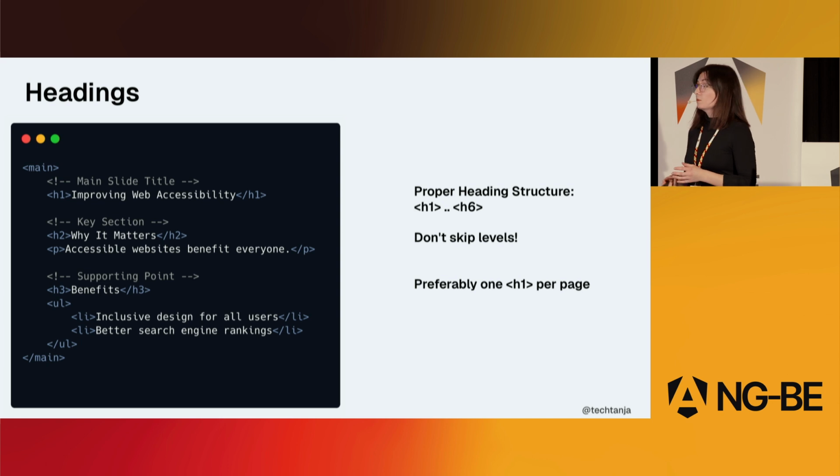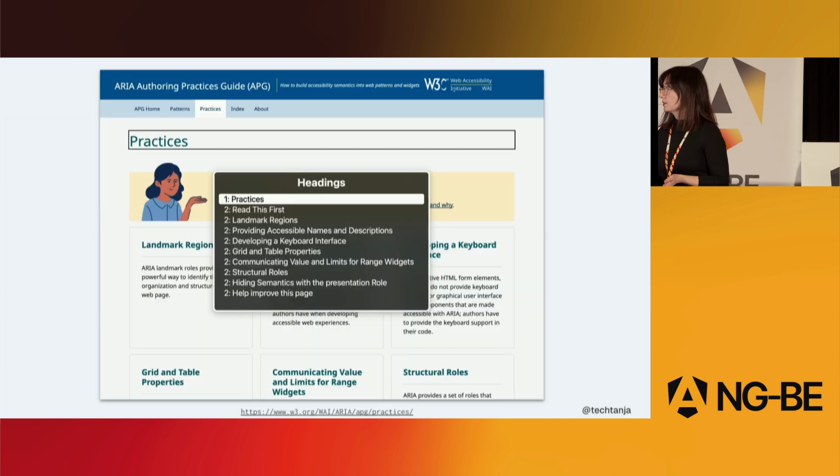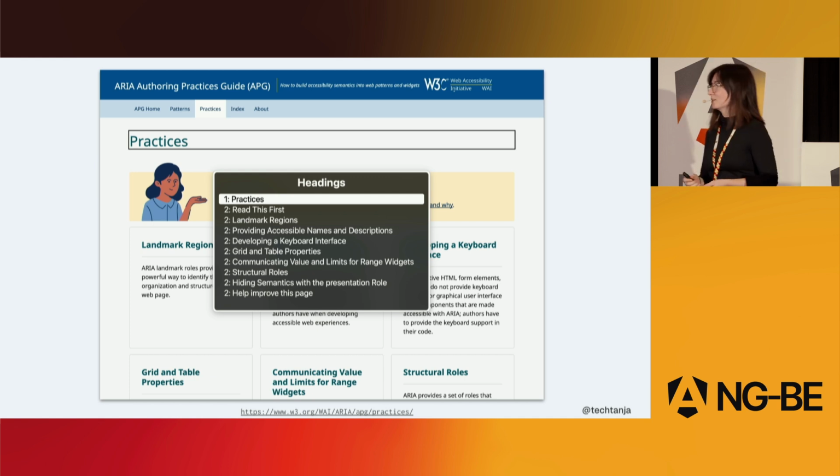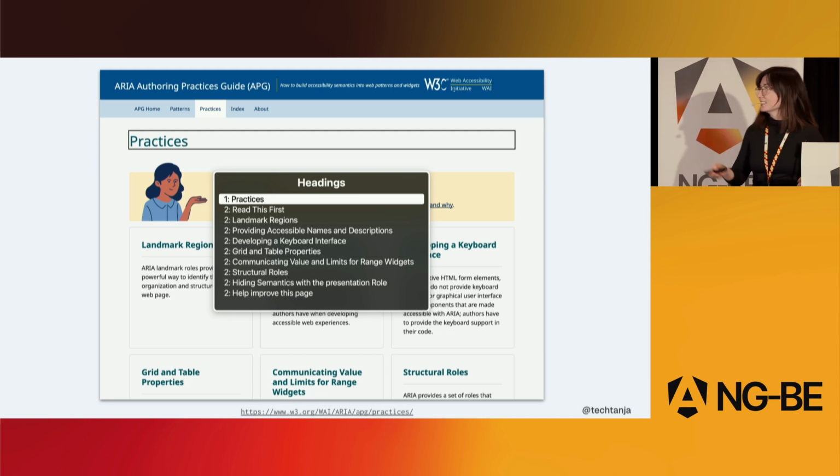Right. Another nice feature that headings allow us in combination with assistive technology is this type of thing. It's also called heading navigation. Has anybody seen the heading navigation yet? Less hands. Good. Okay. So yes, headings on the web work in a similar way as chapter headings in a book.